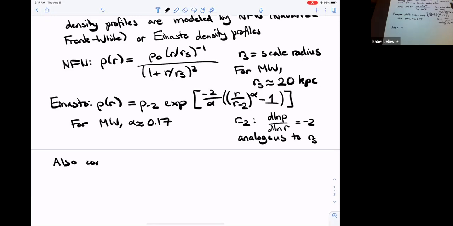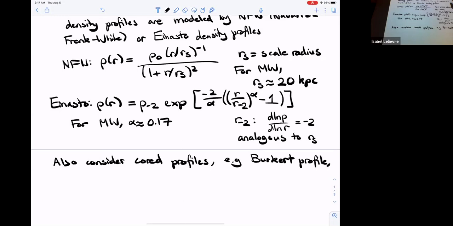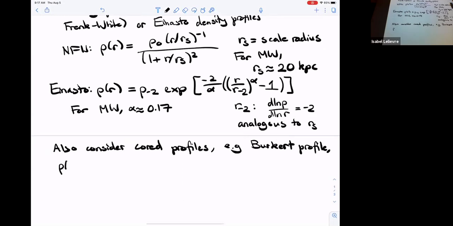These cored profiles can sometimes be built by just taking an NFW or an Einasto profile and setting the density to a constant within some radius. That's one way to do it. But another parameterization that's fairly commonly used is called the Burkert profile, which looks like.